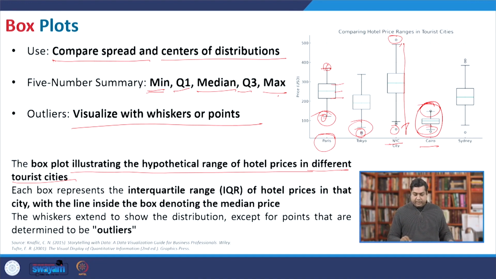Compared to that, in Paris the base level is not that low and the higher level is not that high compared to New York City, so the dispersion is less. The minimum dispersion we can observe in Cairo, and the maximum in New York City. So whenever you compare different groups, compare the range and different quartiles, and identify the median, the box plot is the best way to represent it.